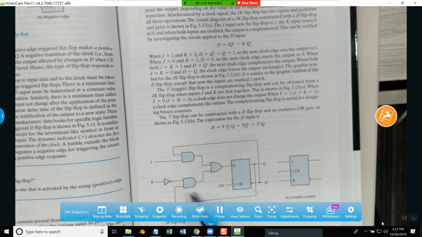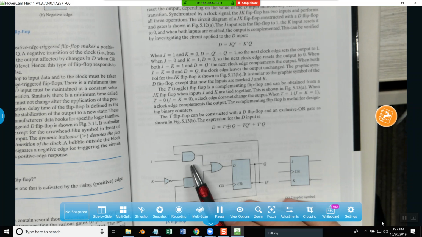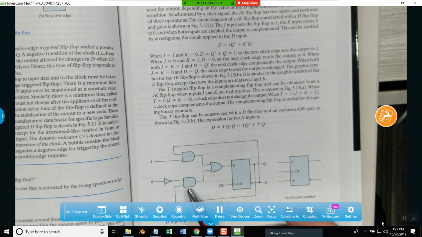So knowing that, if J is 1 and K is 0, so I got 1 here, 1 and 1 is 1. There's a plus, and K prime is 1, Q is, okay, I'm messing up. That's 1 and Q prime, so that's Q prime.